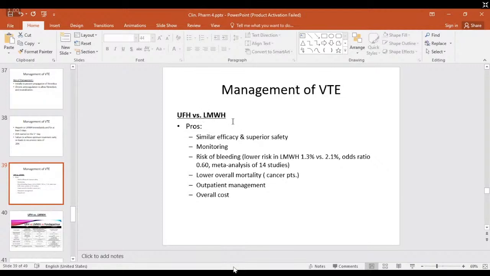Because they're much easier to dose and you don't need to monitor the APTT with the low molecular weight heparins, unlike with heparin, in which case it's sometimes very hard to achieve therapeutic levels of the APTT.